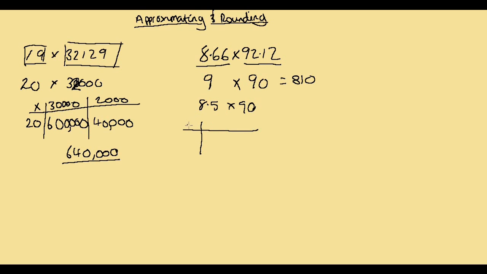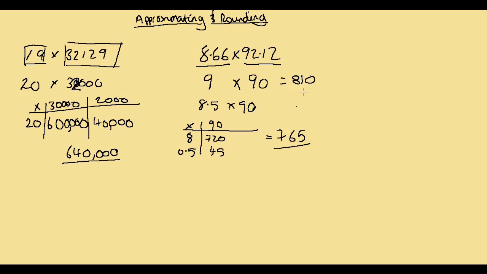And again, you can just use this grid method. You've got 8 and 0.5, and we're timesing it by 90. 9 times 8 is 72 with a 0, 720. 90 times by 0.5 just means half of 90, which is 45. So we get 720 add 45, which equals 765.